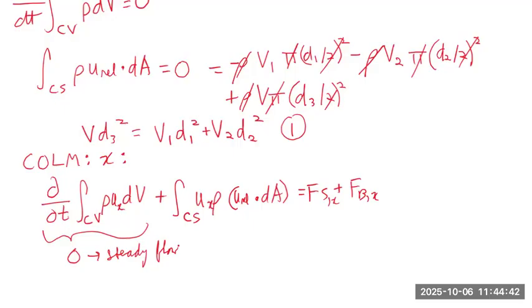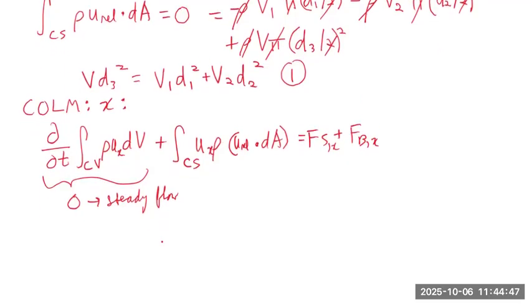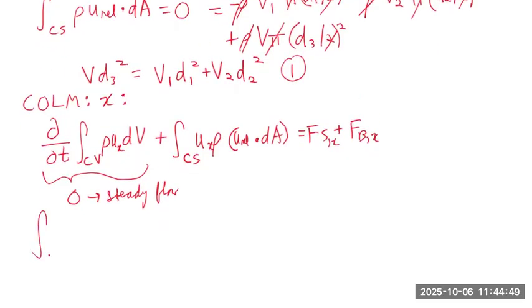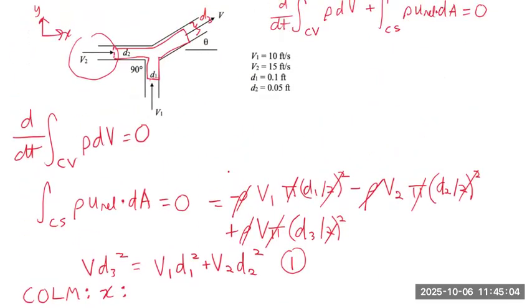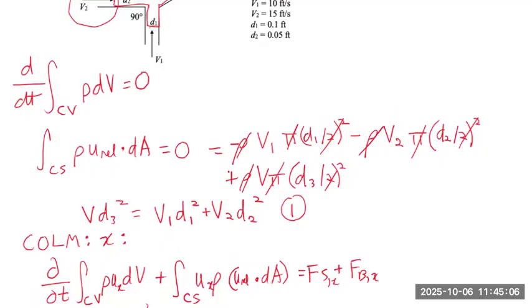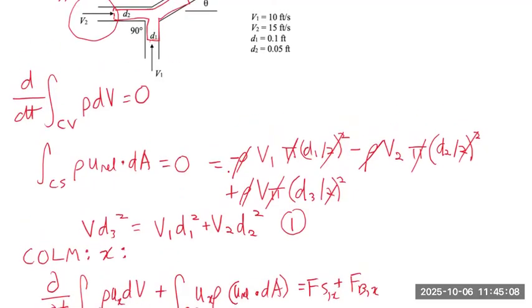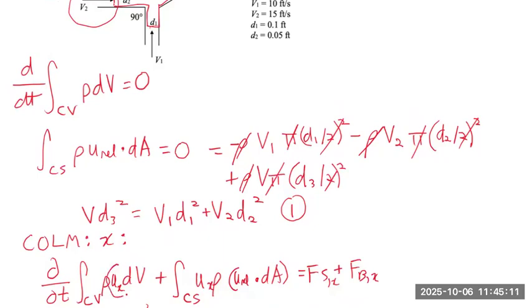What about the rest? So what about this other one, which is the integral over the control surface of ux rho times u relative dot dA. Note that the only change really from the conservation of mass equation to the conservation of linear momentum equation is that we have the additional term of the velocity in the x direction, the x component of velocity.